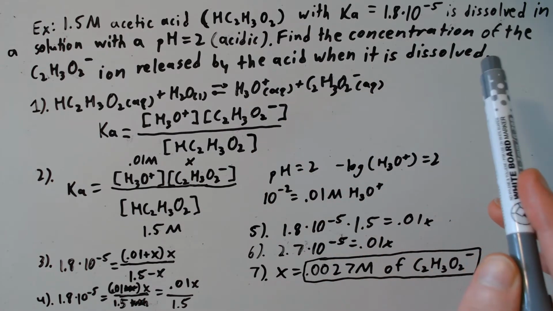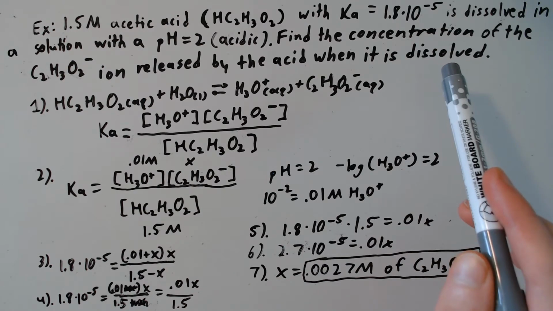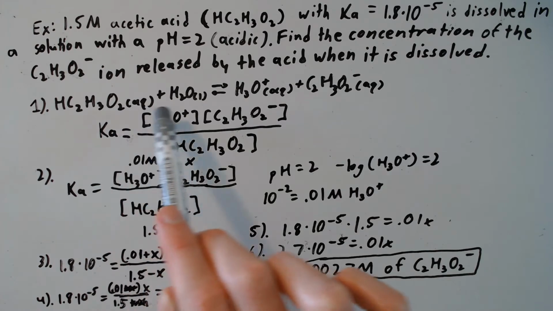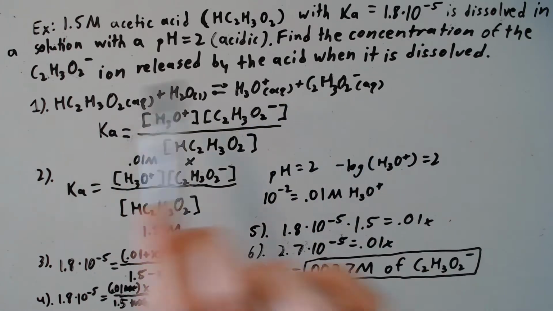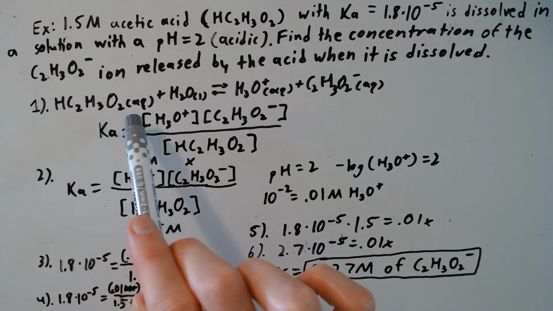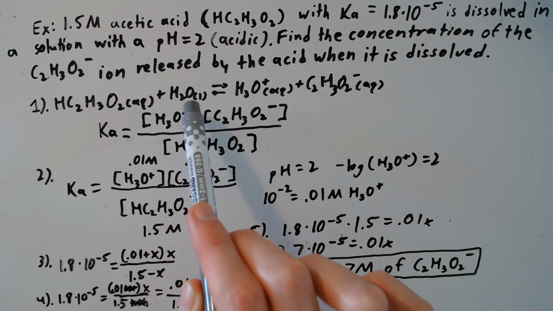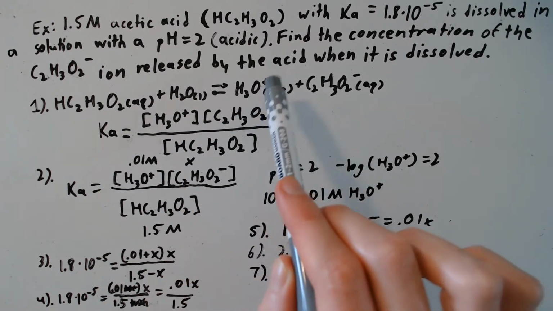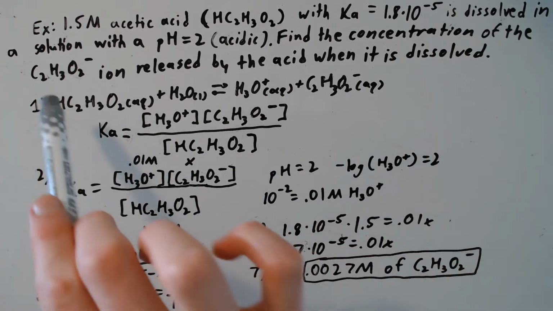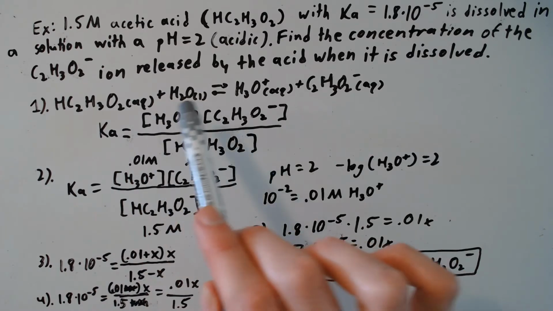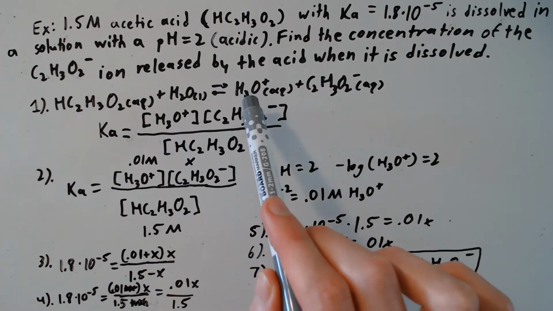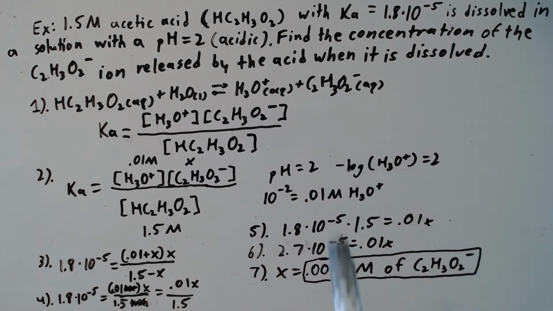In order to solve this problem, we first have to understand what is happening. In this case, the reaction for the dissociation of acetic acid is HC2H3O2 combining with H2O, and that will yield H3O+ and C2H3O2-, because the H from the acetic acid combines with the water and creates the H3O+.